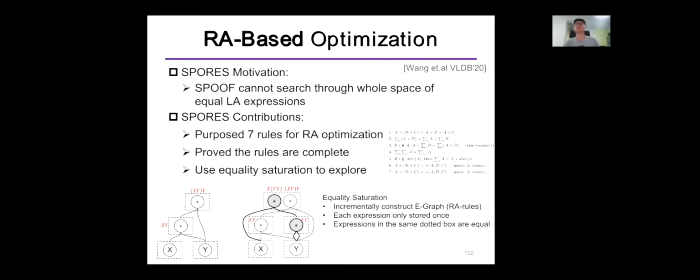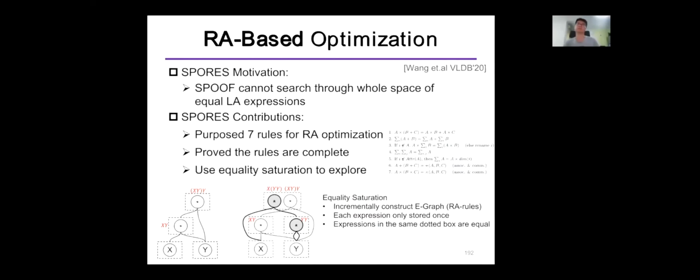And then SPOOF can search through the whole space of equivalent LA expressions. So SPOOF is proposed to provide 7 rules for RA optimization.